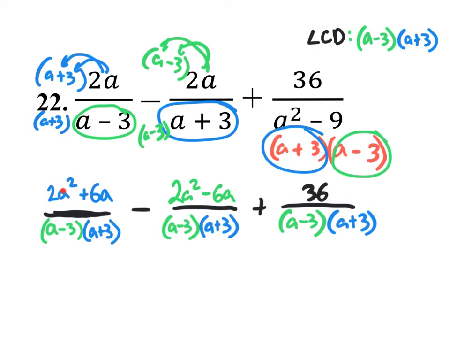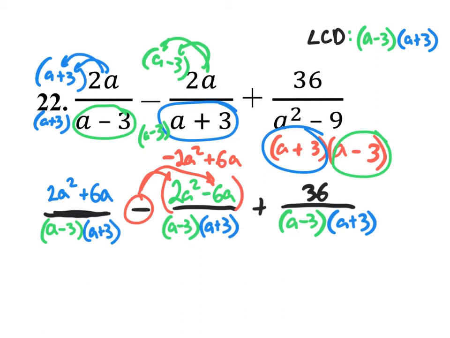So we could take this binomial and then combine it with this binomial. But remember, this minus sign would imply that you need to distribute that minus sign into both terms. Okay, so up on top what we really have is a negative 2a squared and a plus 6a. That's after we distribute that minus sign. This positive 2a squared becomes negative 2a squared.